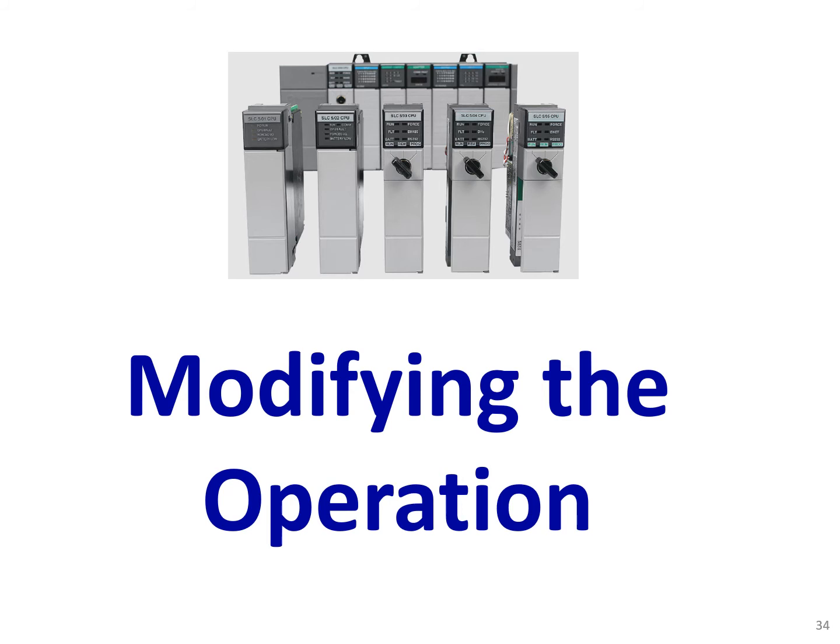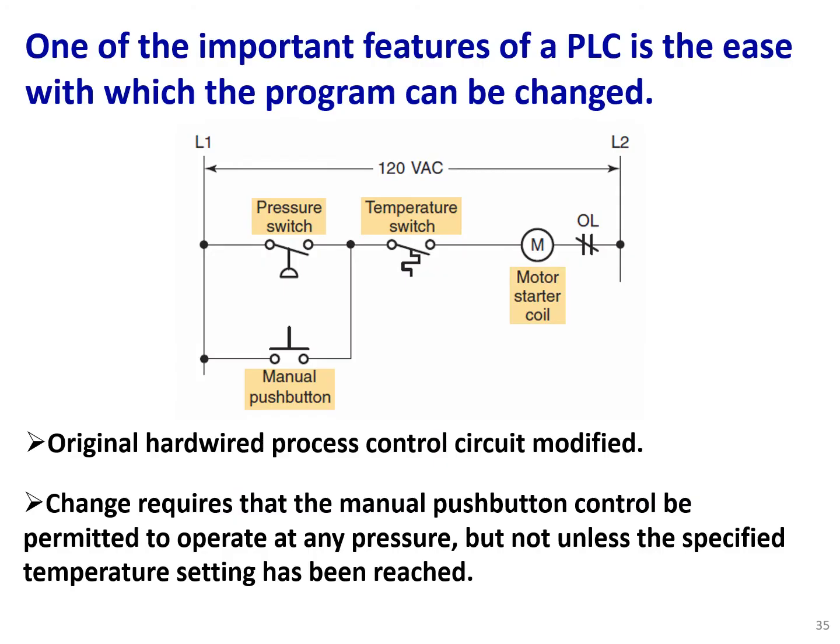The next section of this presentation is about modifying the operation. One of the important features of a PLC is the ease with which the program can be changed. The original hardwired process control circuit could be modified, and the change requires that the manual push button control be permitted to operate at any pressure, but not unless the specified temperature setting has been reached.